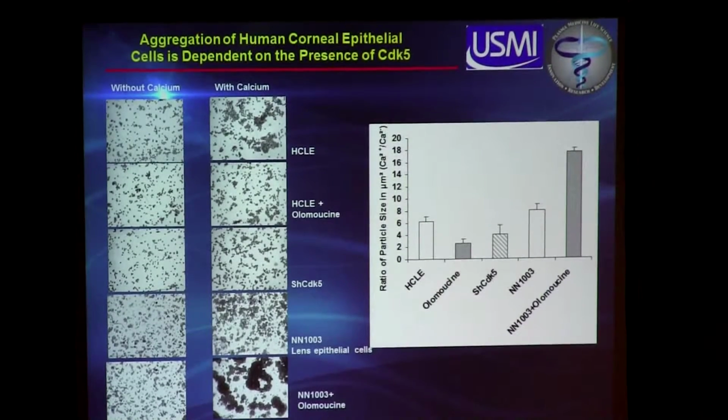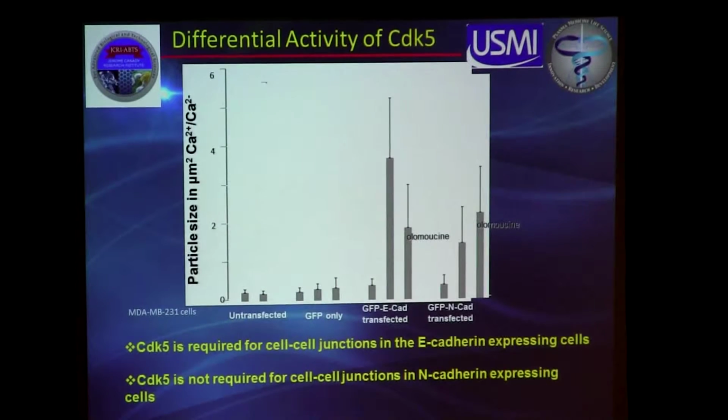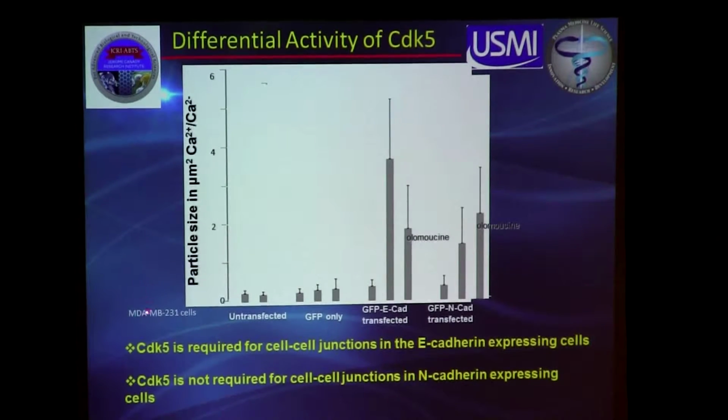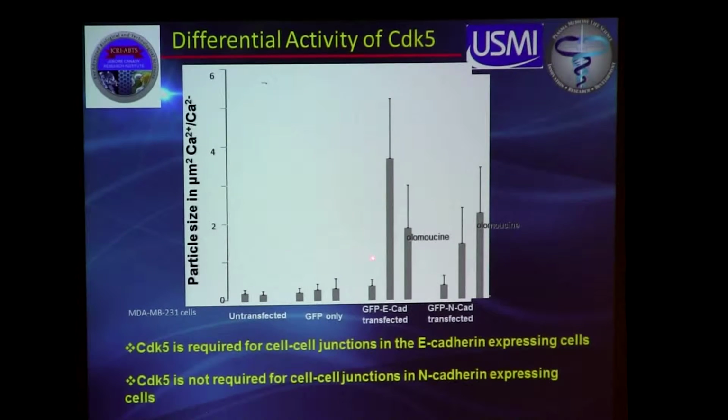In order to further confirm this concept, we used a cancer cell line called MDA-MB-231 cells, which did not have any expression of E-cadherin or N-cadherin. So these cells were transfected with GFP expressing E-cadherin and GFP expressing N-cadherin.